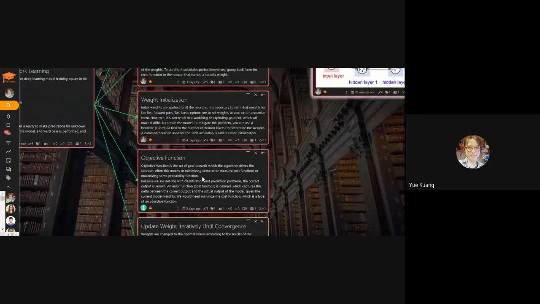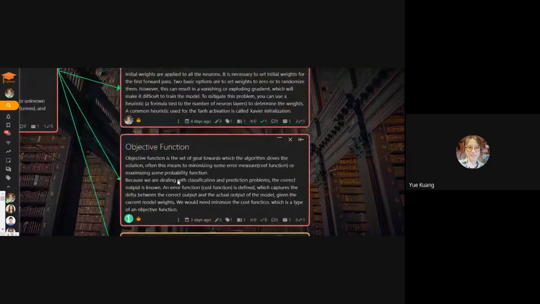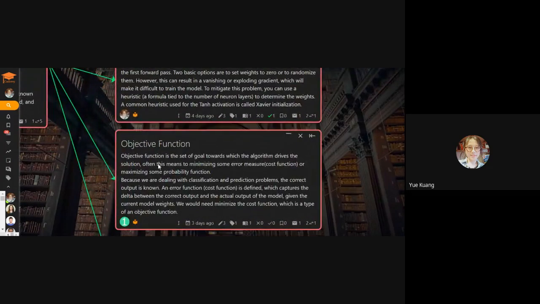That is the error function. The objective function is the set of goals towards which the algorithm drives the solution. Often this means minimizing some error measure or cost function, or maximizing some probability function.